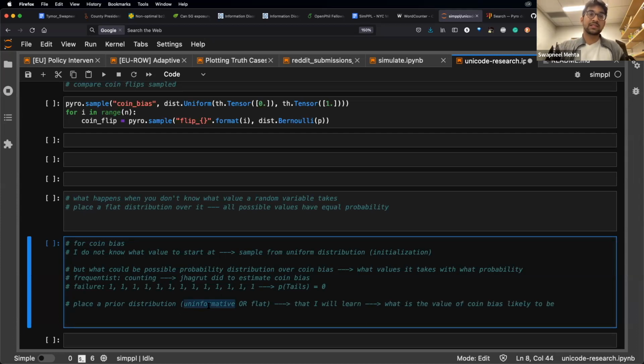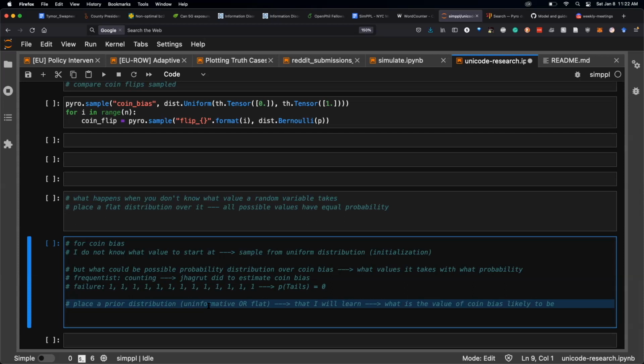Okay, is this line clear? Like start with the prior distribution, learn something, so let's start with the flat prior, and hopefully learn something that will tell you what the value of coin bias is likely to be. Is this statement clear, especially to Gaurang and Devang?